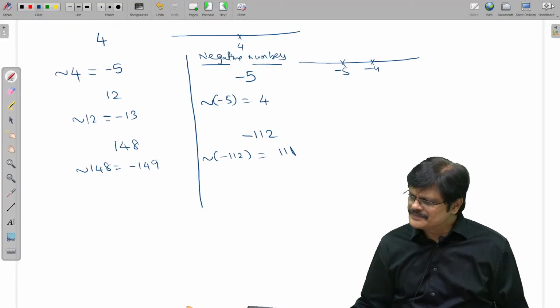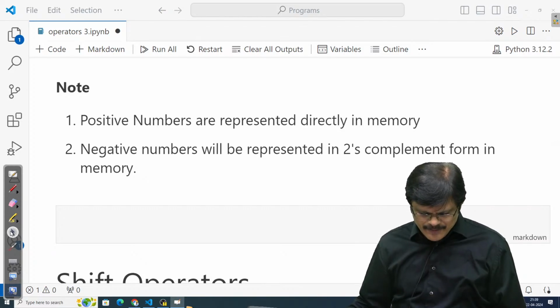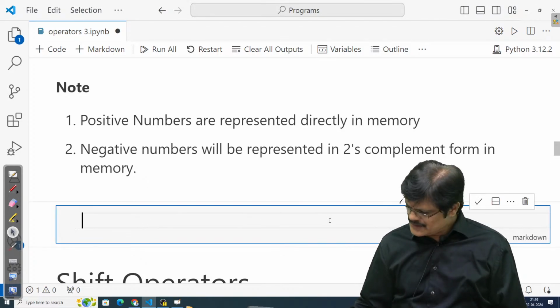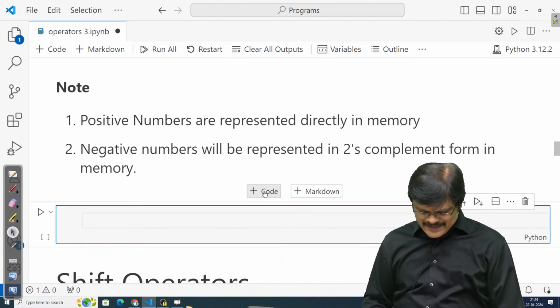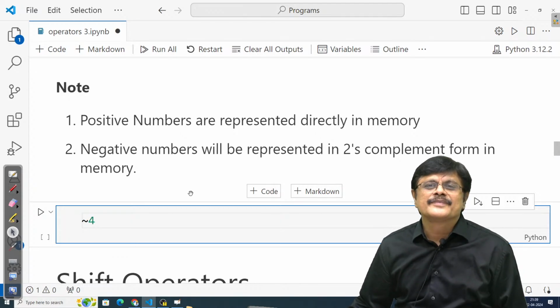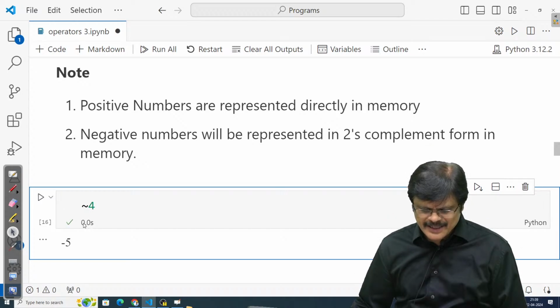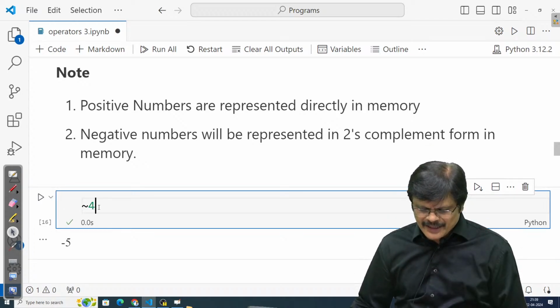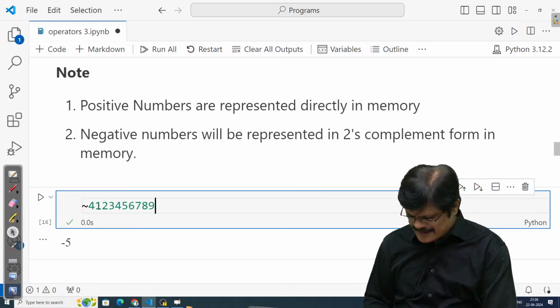Is that clear? So let us take problems here. I think it is a markdown cell, so let me take a code cell. Now, as I told you, what is the bitwise complement of 4? We just now saw minus 5. You can take the bitwise complement of any big number, 1, 2, 3, 4, 5, 6, 7, 8, 9, 0.